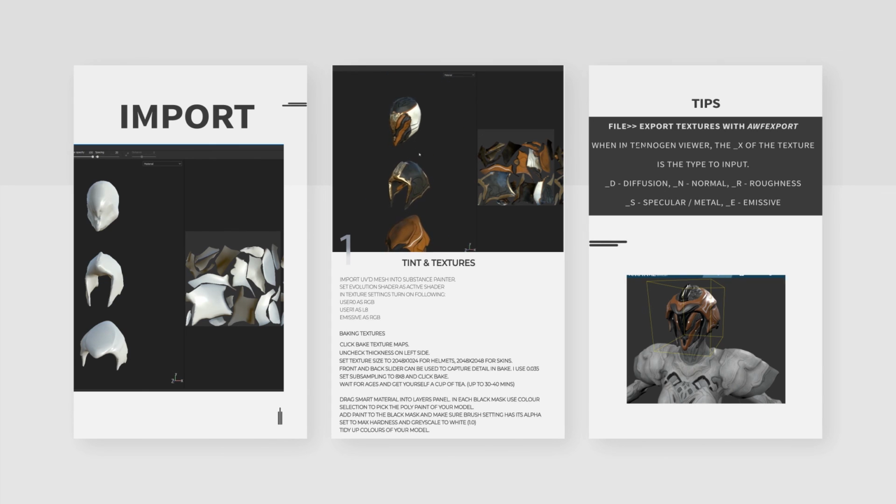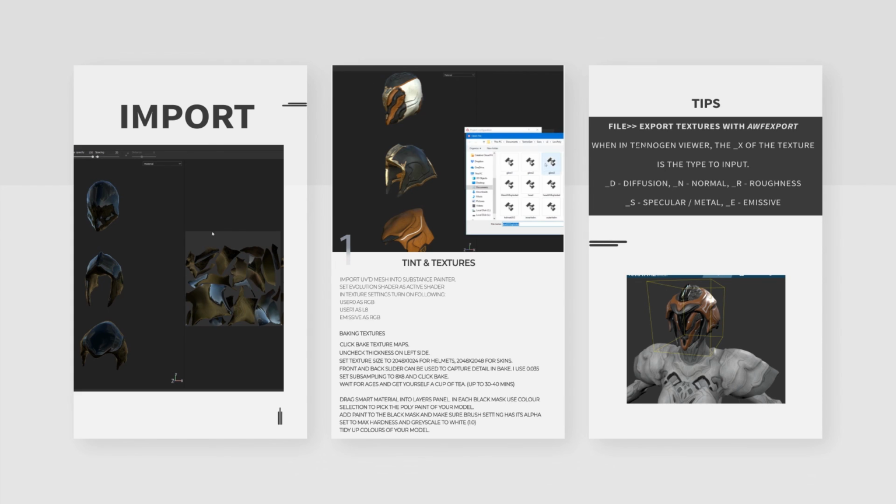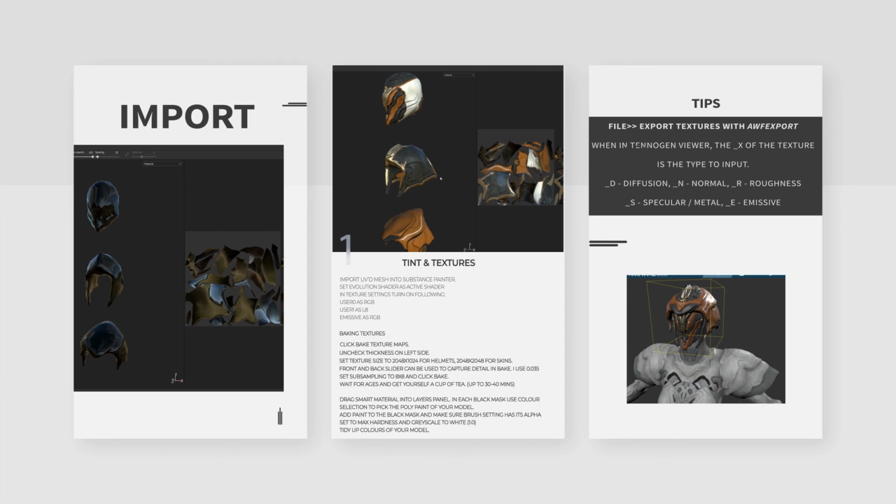Then export those textures, import them into the Tennogen viewer, and make sure you have your diffuse, your normal, your roughness, your specular or metal file, and your emissive tints all applied. Your default colors are also selected too, and make sure that you have your tag, your description, your name, cover image, and exported textures from the Tennogen viewer in the Tennogen export.zip file in the same folder as your FBX and your OBJ, and you are ready to submit, and you're almost there.